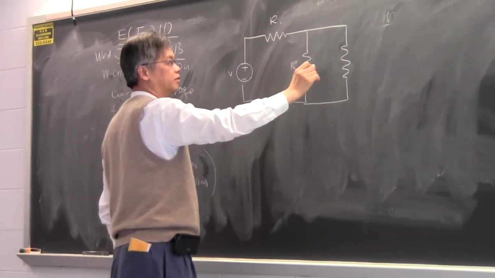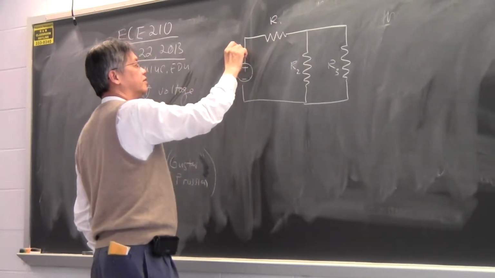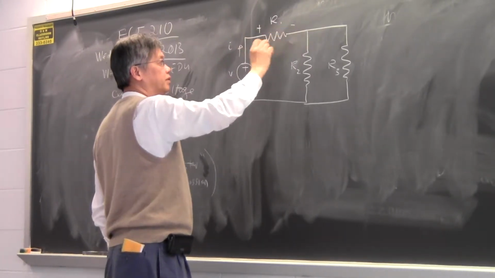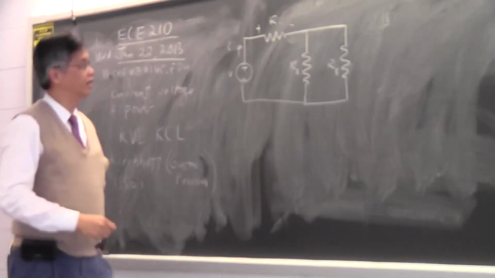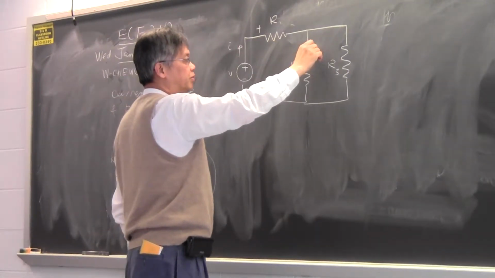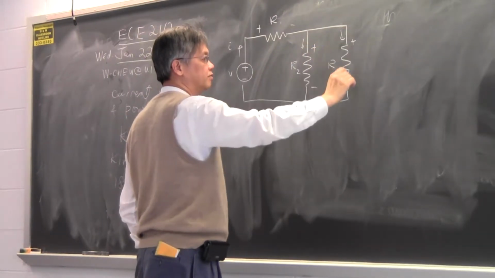R1, R2, R3. And if this gives out a current I, there will be a potential drop across this resistor as the current flows from left to right, and then there will be a potential drop across this resistor as well if the current flows in this direction.